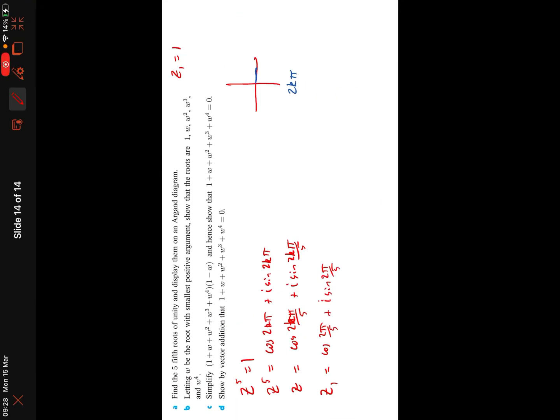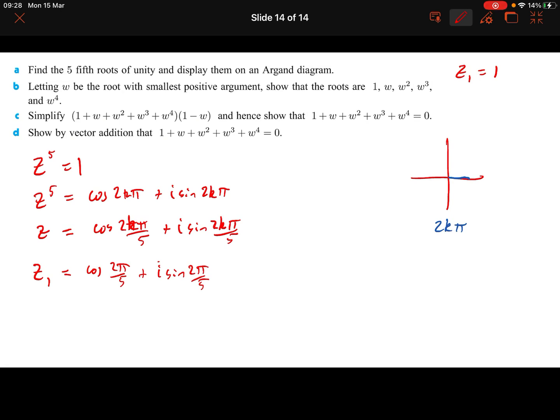Cosine of 2 pi divided by 5 equals about 0.309, plus sine of 2 pi divided by 5 equals 0.951i.